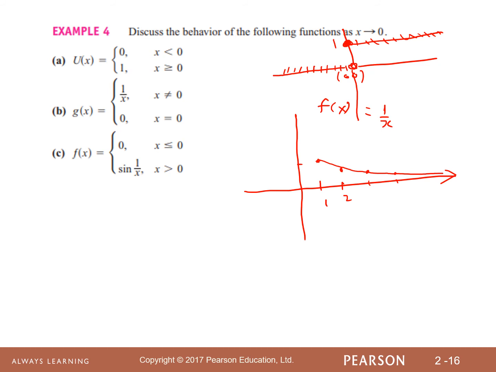Greater than, very good. What about f of 0.5? Greater than. And it keeps growing up, but it will never touch the y-axis. It will keep growing, but it will never touch it. That means the function is this way, and if we look at its image, it is going to be this way also.